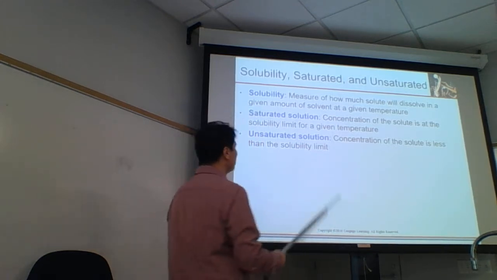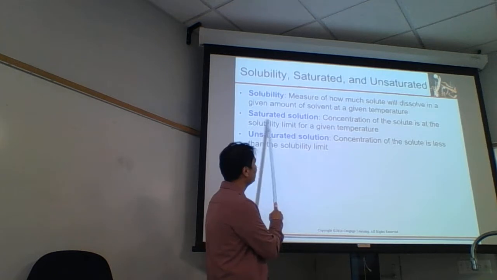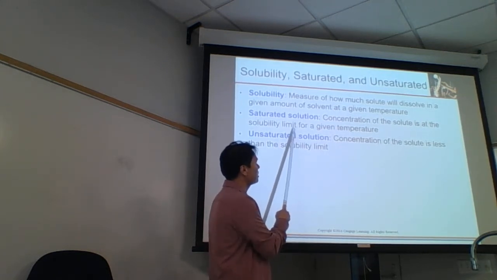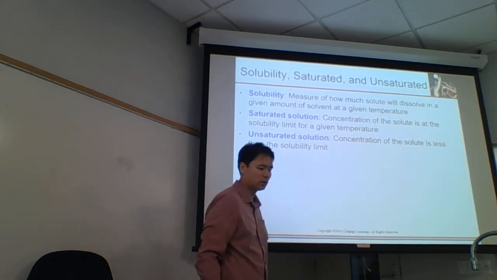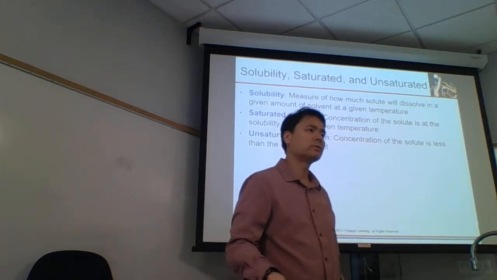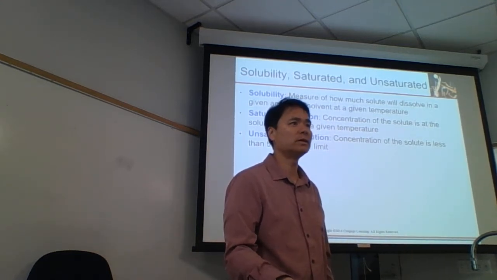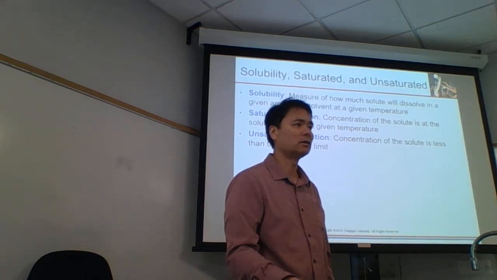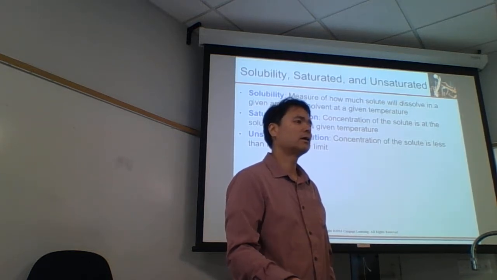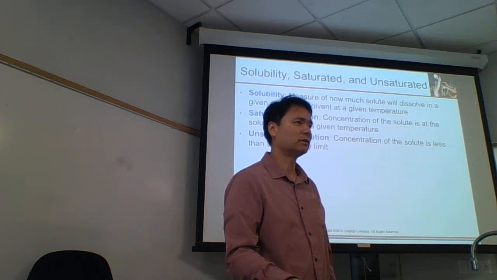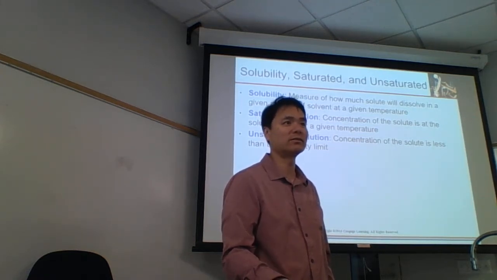A saturated solution is what happens at the limit. At the limit, we form a saturated solution. In a saturated solution you just can't get any more. Once you reach 100% relative humidity, can you go higher? Can you go 200% relative humidity? Have you ever heard of that? It's like, okay, give 100% of your effort. If you give 100% of your effort, you should have 0% left, right?